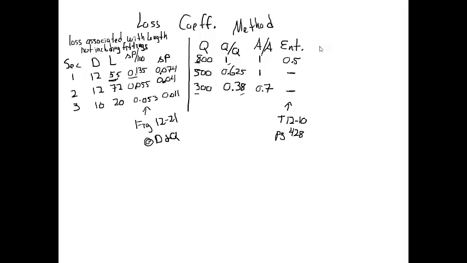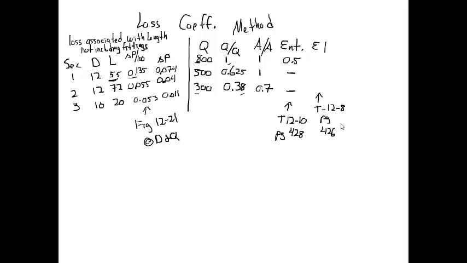The next one we're going to look at is elbows. Each section has an elbow. So that would be table 12.8, page 426.